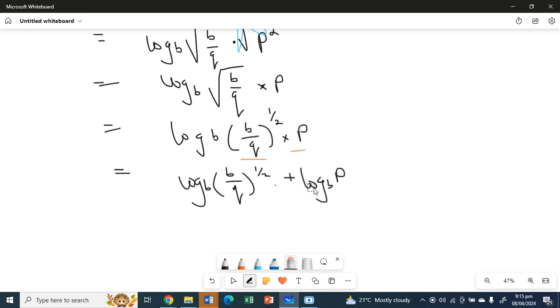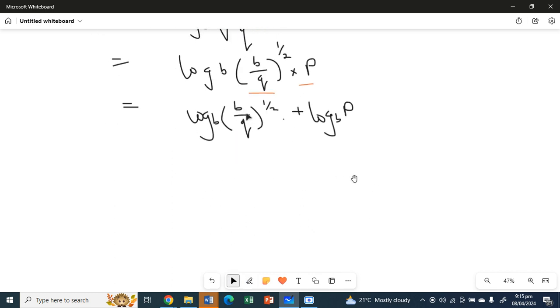So here, at least we've got our log_b P, which we can easily substitute with X. But now we have to get our log_b Q. Here again, have you seen we've got b over q to the power half. So what is this telling us? We can use the power rule first.